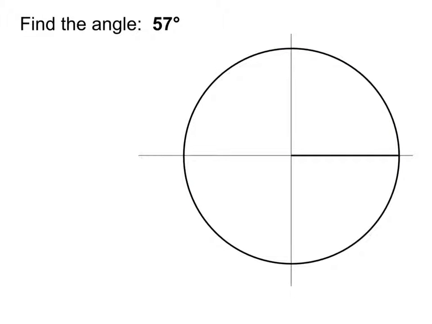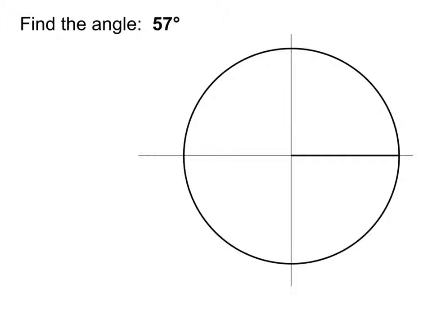Now please visualize again, where would 57 degrees be? And be as precise as you can as you look at that point. As I'm doing these problems, the first thing I notice is that 57 is between 0 and 90. So I already know that it's in the first quadrant.